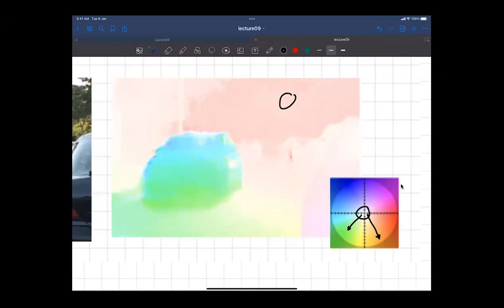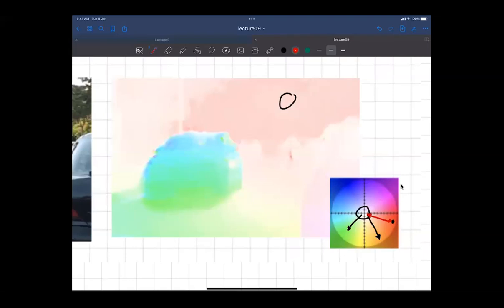And the other thing is that this color has a magnitude here. If you get into this color, for example, this magnitude represents the speed. The color itself represents the direction, but the distance of the color from the origin at the center represents the speed.